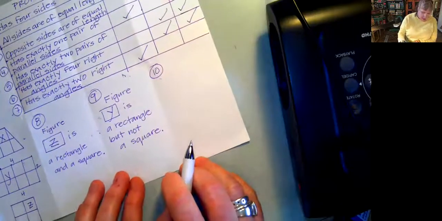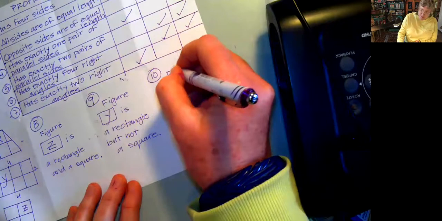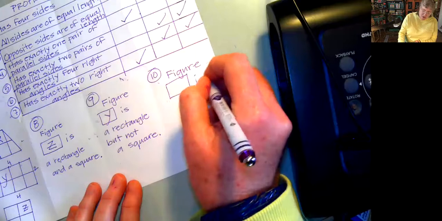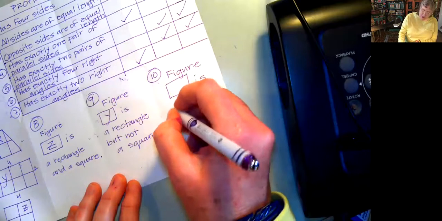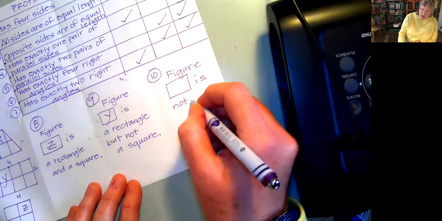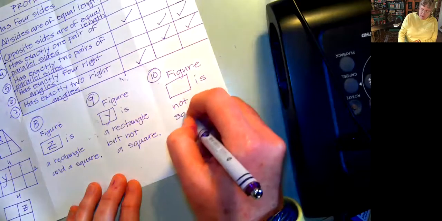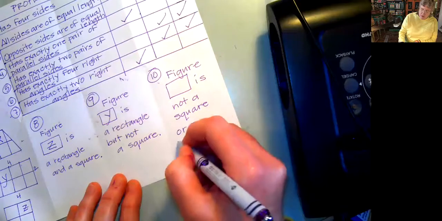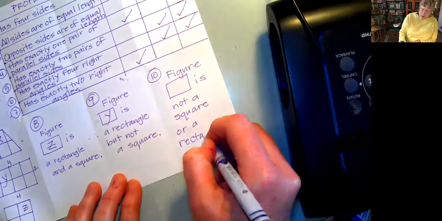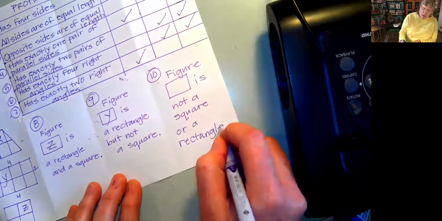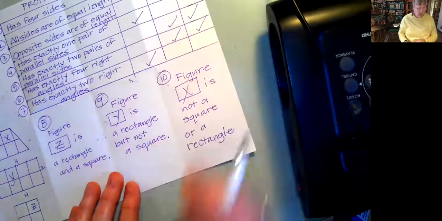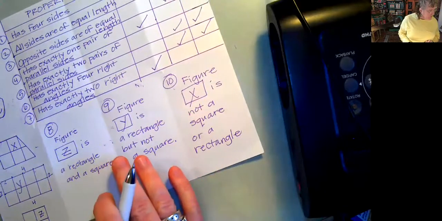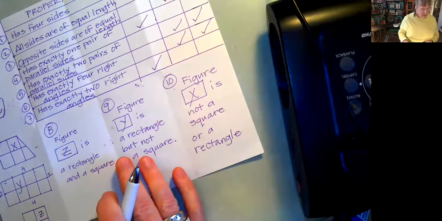And then number 10 says figure... green box is not a square or a rectangle. And that's of course going to be X. All right, we're going to look at 11, 12, 13, and 14.